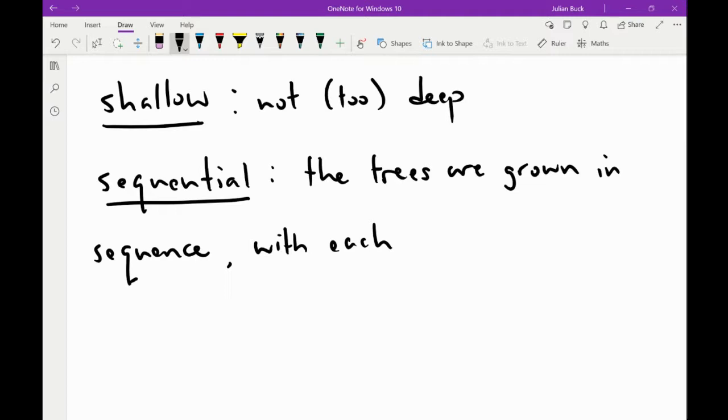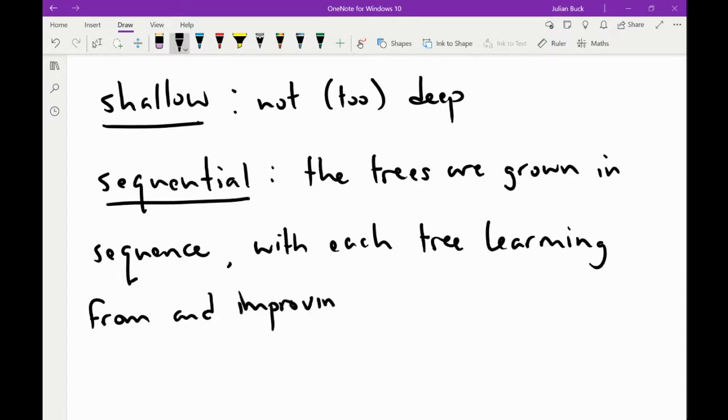So with each tree learning from and improving on the errors of the previous tree.